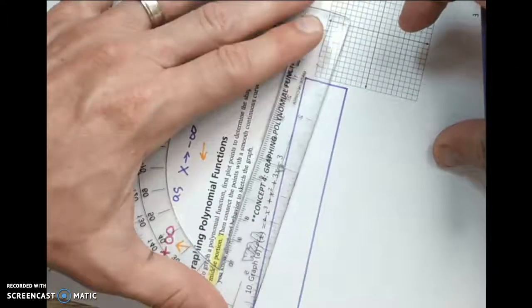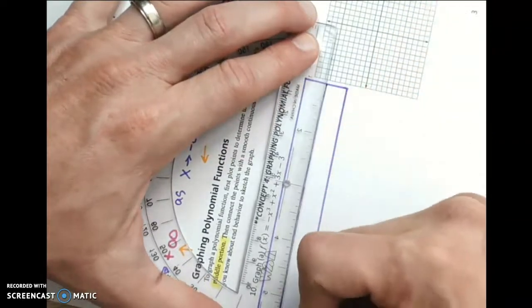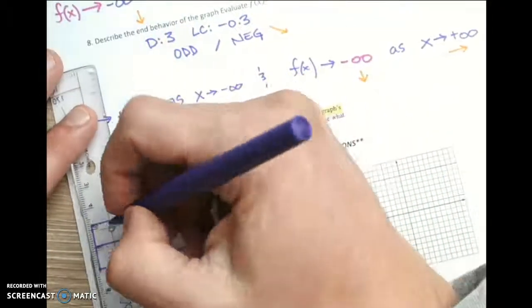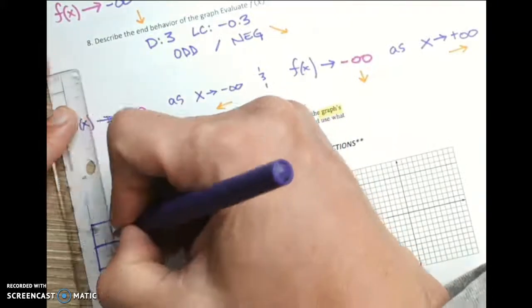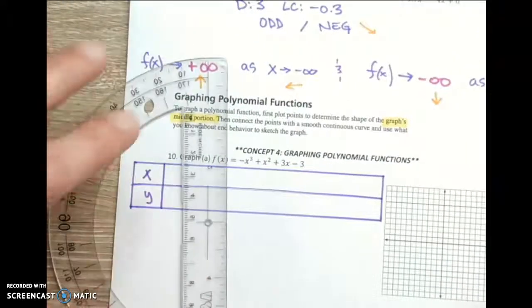This is going to be obviously a horizontal table. If you want to make a vertical table, that is fine as well, but the notes kind of gear us towards these horizontal tables. Okay, x and y.